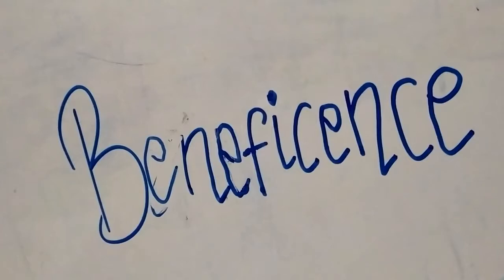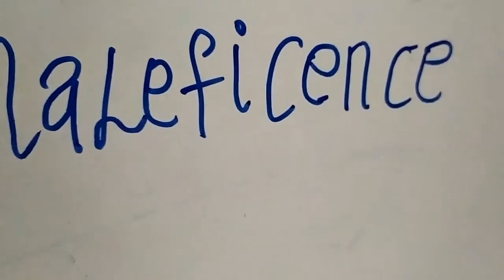The second principle of research ethics is beneficence. In this part, the researchers minimize the risk and maximize possible benefit. The third principle is non-maleficence.